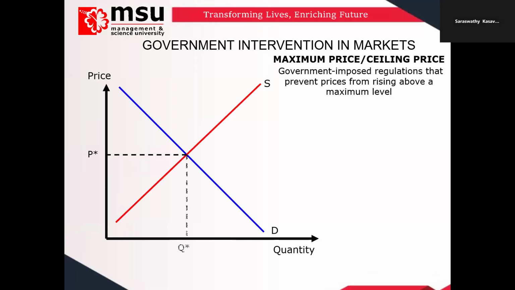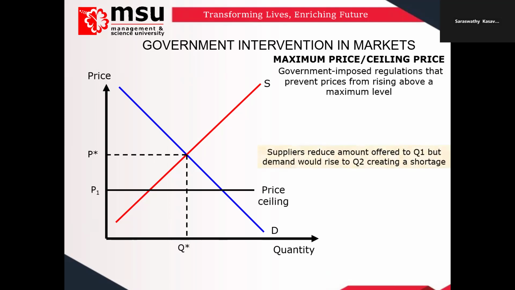Let's say the government imposes the maximum price, which is called the ceiling price. The original market equilibrium is P star and Q star. After the government imposes the maximum price, or ceiling price, what happens now? The price is now P1.